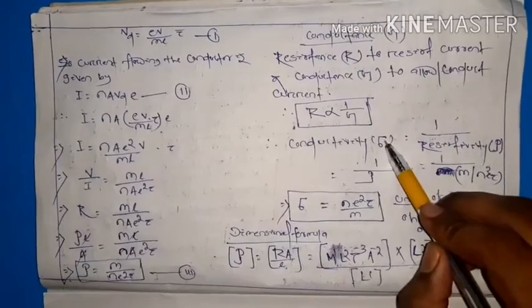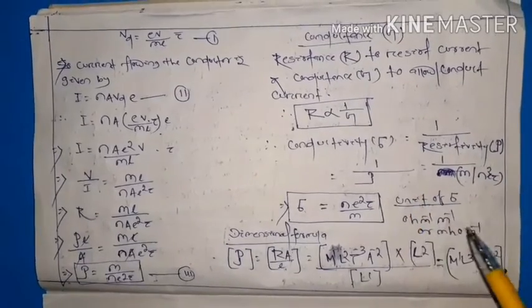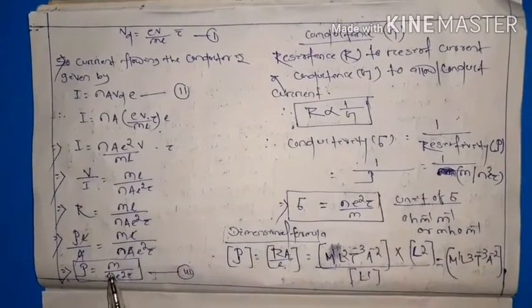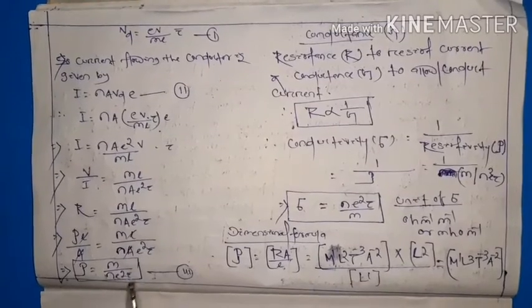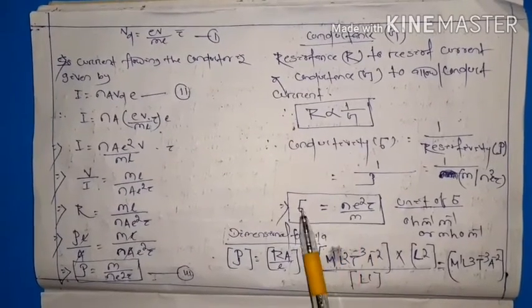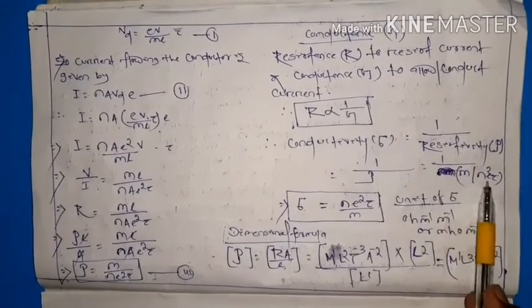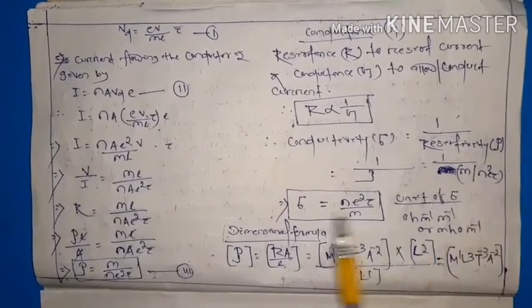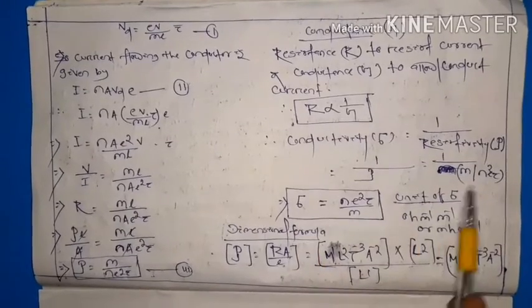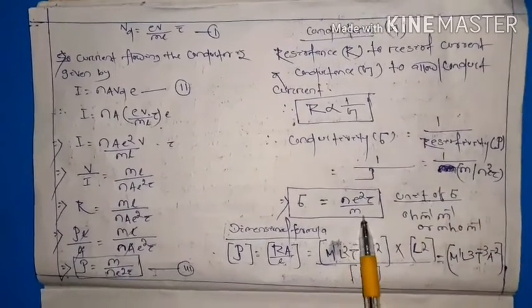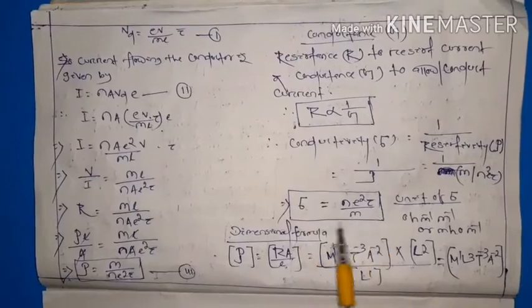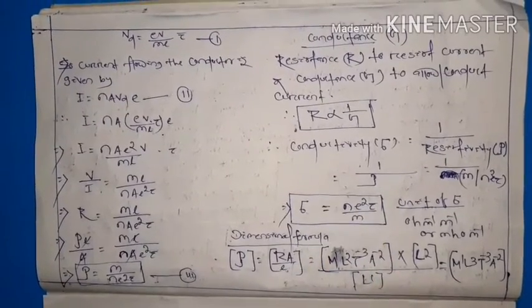Mathematically, sigma is equal to 1 by rho. But rho is equal to m by n e square tau. Then sigma is equal to 1 by m divided by n e square tau. So sigma is equal to n e square tau divided by m. This is the expression for conductivity in terms of relaxation time.